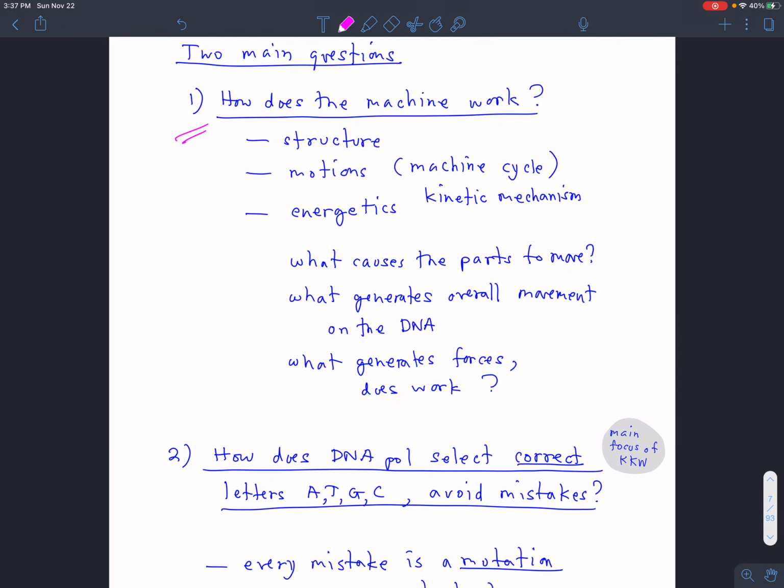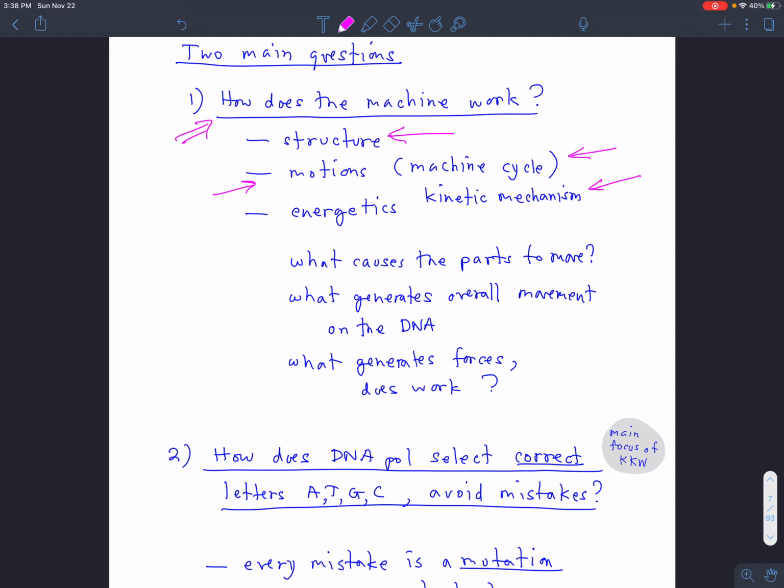First of all, how does the machine work? That means understanding its structure, because you can't understand anything about a machine until you know how it's built, what its parts are, how it moves, and that's some sort of machine cycle, and that's going to be a kinetic mechanism.